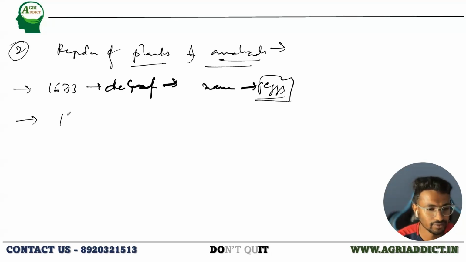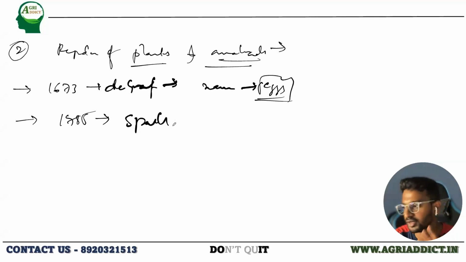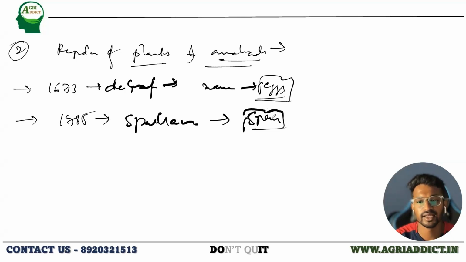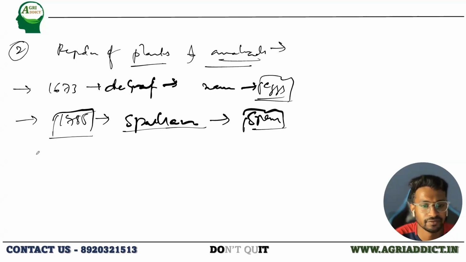And next, in 1785, Spallanzani, along with disproving the theory of spontaneous generation, also proved that the presence of sperm was essential. The sperm is very essential for the development of progeny. This was proved by Lazzaro Spallanzani in 1785.